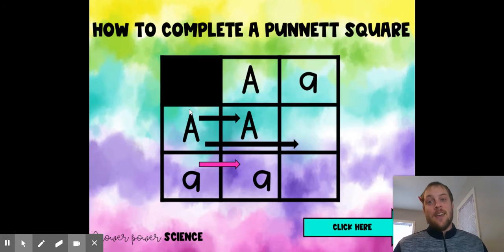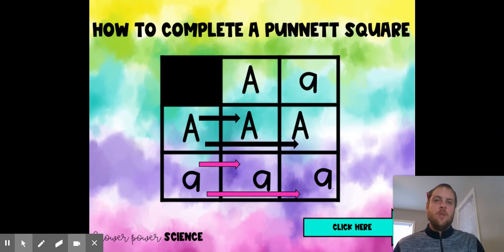Now you're going to take that big A from the top and fill it into that far empty box, all the way to the right. And then you do the same thing with the bottom lowercase a. Again, just stick with one side at a time. I think that makes it go a little easier.